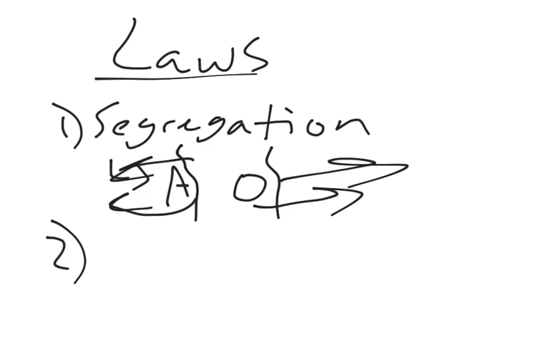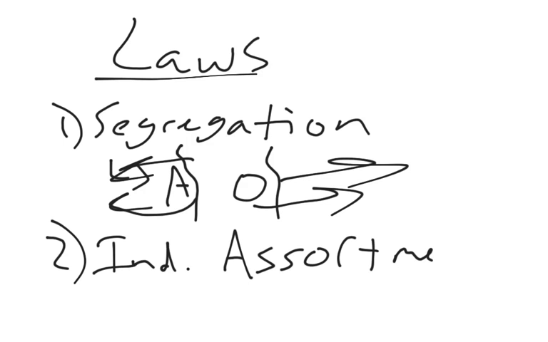The other one is the law of independent assortment. And we've seen this term before, and they are associated. Okay? The law of independent assortment says that characters found on different chromosomes will be inherited in different ways. Okay? There's no specific way chromosomes lined up or genes on different chromosomes are associated together.